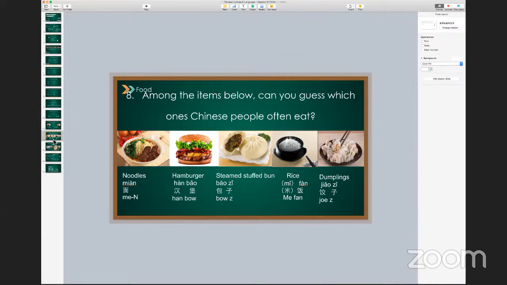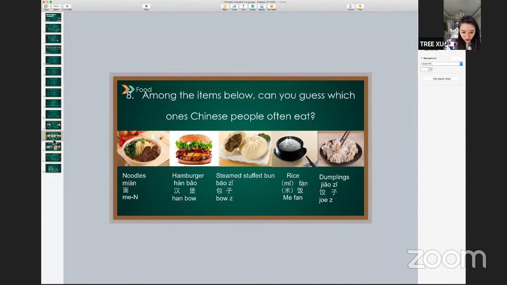Since fried rice is 炒饭, have a guess, fried noodles is 什么面呢？炒面, yes. So next time when you go to Chinese restaurants, you can directly say 炒面 or 炒饭.